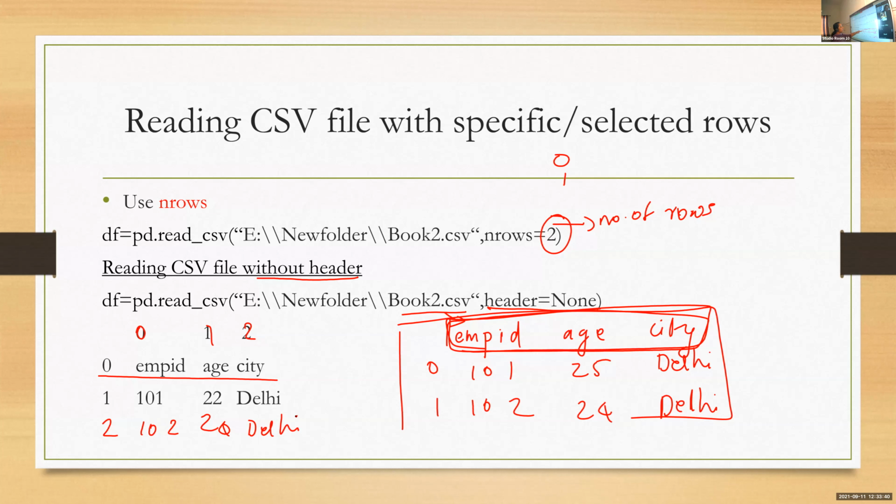So we just remove the file header, and the file headers EMPID, age, and city are converted to the first row with 0 default index. So there is no column headings here. Here I am using default headings.